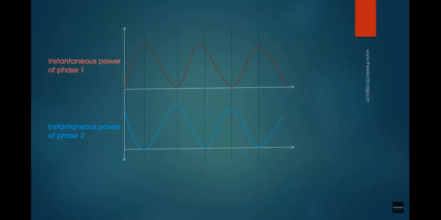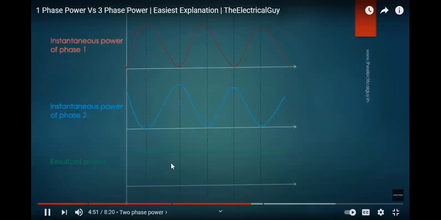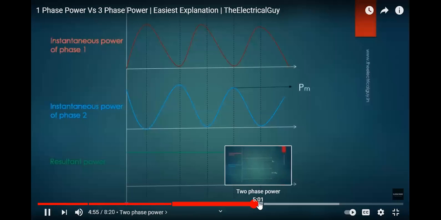Here you can notice that when the power output of resistor R1 is 0, power output of resistor R2 is maximum, and vice versa. If we add instantaneous power of both the phases, we will find that the resultant power is constant and equal to the peak power Pm of one phase.